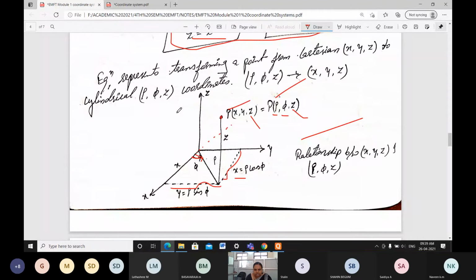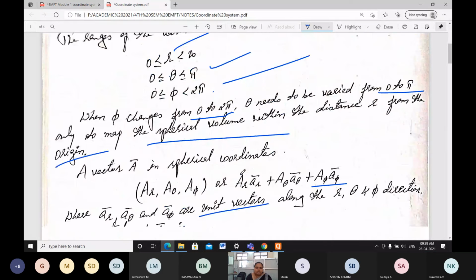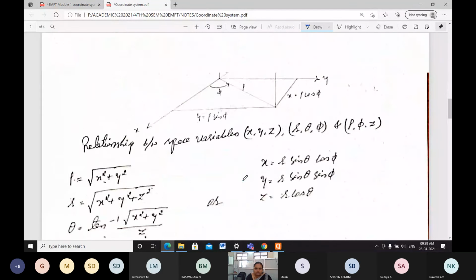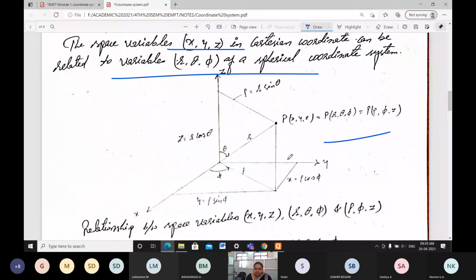For that reason, we didn't write anything on the z axis. But when we go to the spherical coordinate system, we want x, y and also z, because all the variables are different when compared from Cartesian to spherical. Here is our phi, this is your theta and this is your rho.